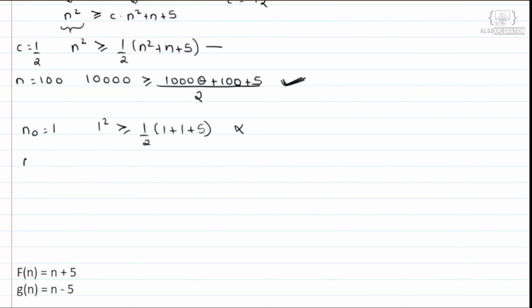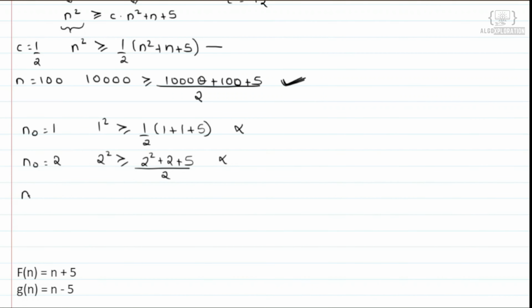Now let's put n naught as 2. 2 square is greater than or equal to 2 square plus 2 plus 5 divided by 2. Again false.